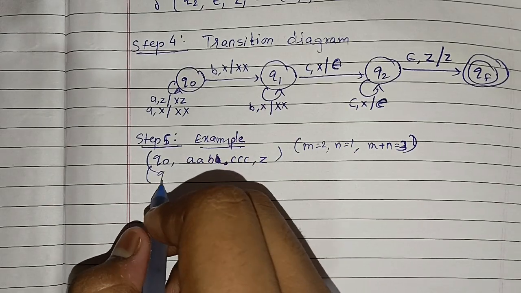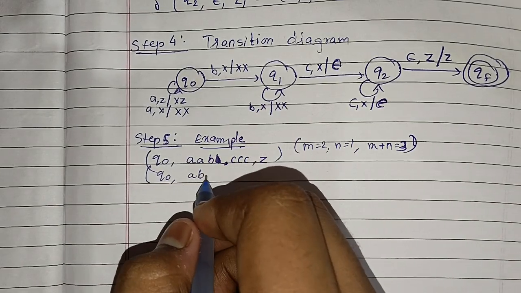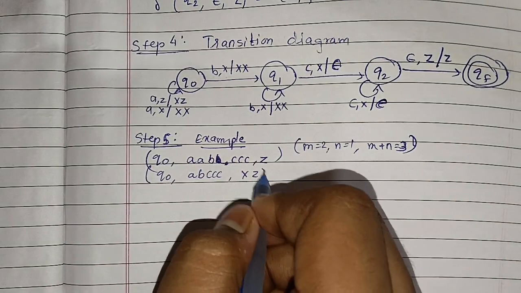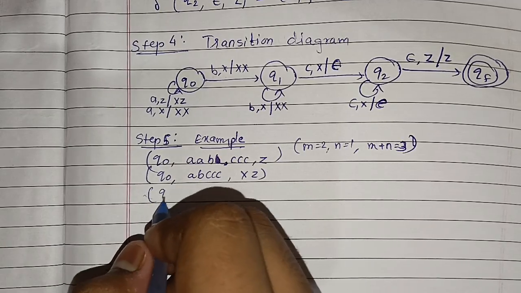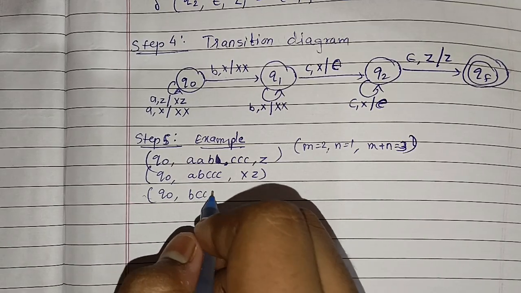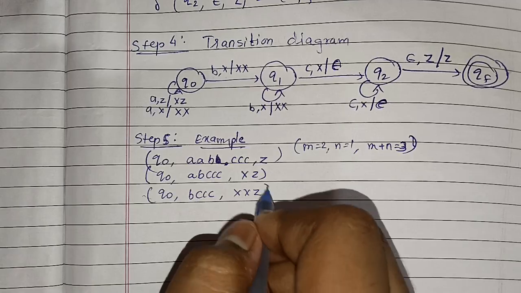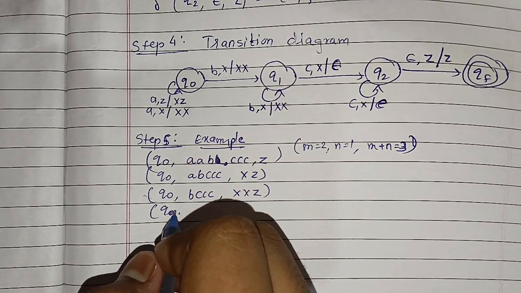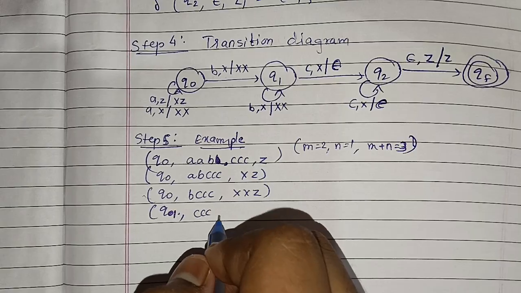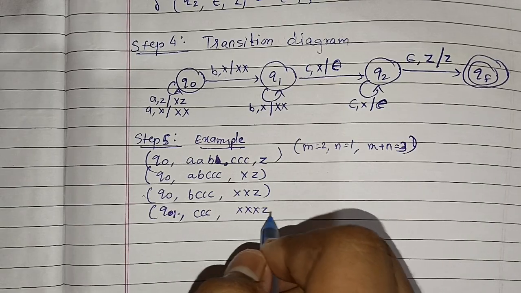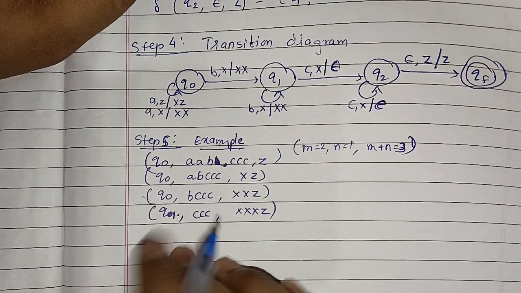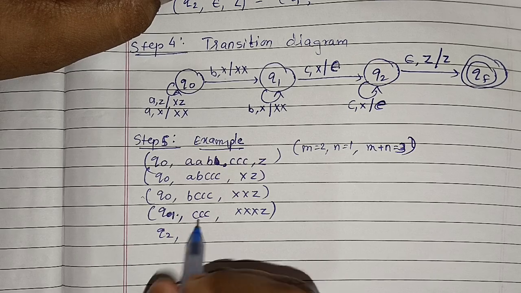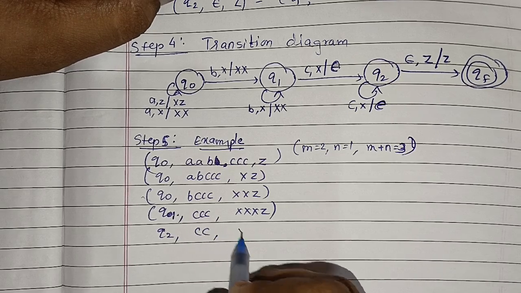Q0 receives a, same state, push x. Q0 receives a again, same state, push x again. Q0 receives b, changes to Q1, push x. Q1 receives c, goes to Q2, pop x.